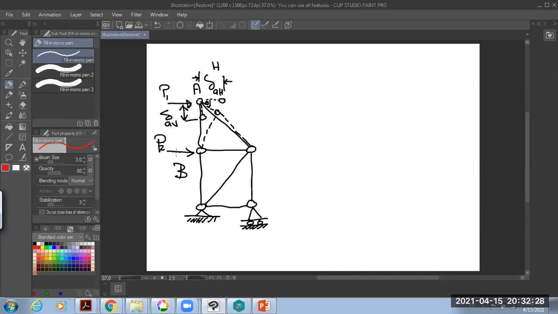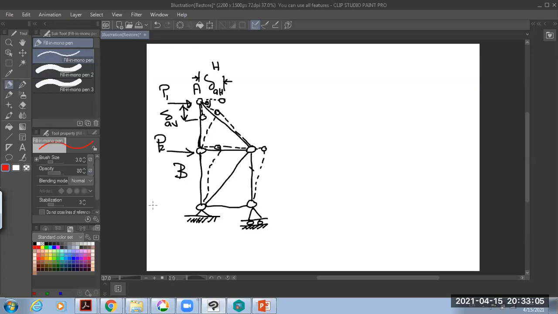If this load is applied horizontally, vertically it cannot deflect because it is tied here. But it can be deflected horizontally. If it deflects horizontally, it will go in this direction, and if this is deflected, this one is deflected as well. It will be deflected for B2. See, guys, the deflection lines.